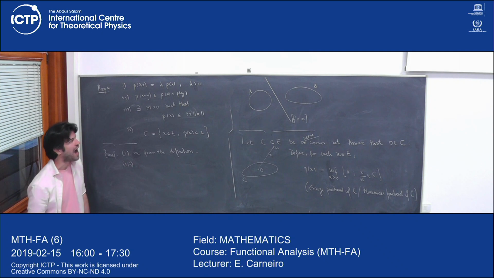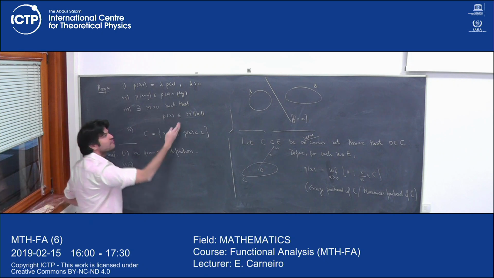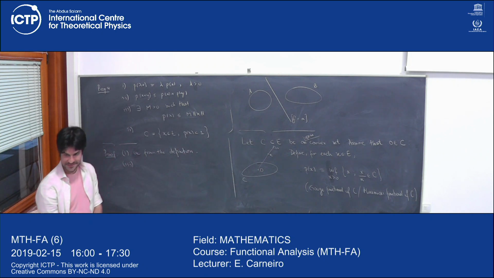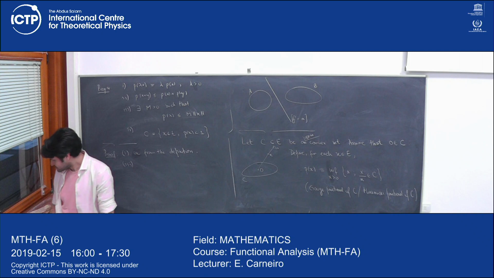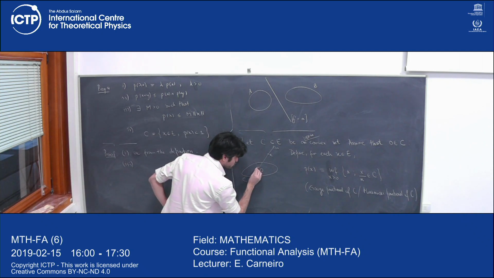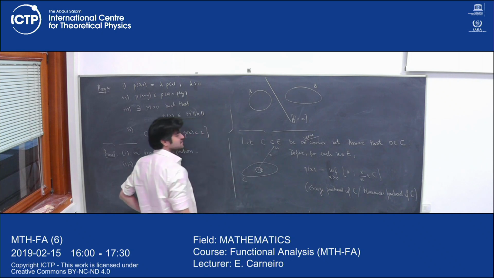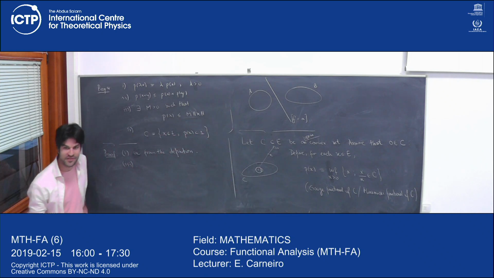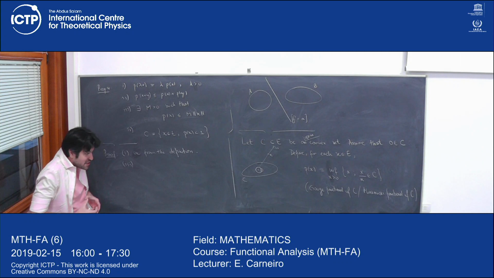Number 3. Why does there exist a constant such that P of x is less than or equal to m times the absolute value of x? Do you think this is a consequence of what? I am going to draw here for you. This is just a consequence of the openness, right? This is a consequence of having this little ball inside the set.